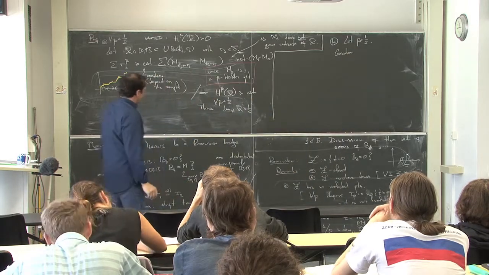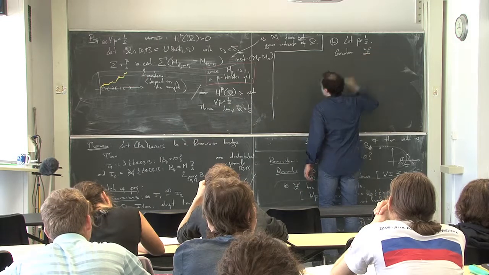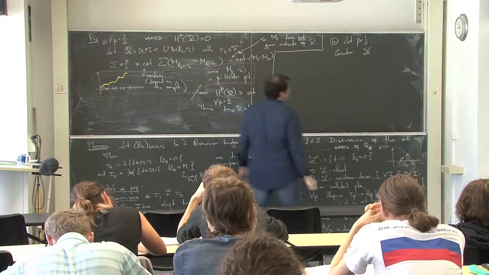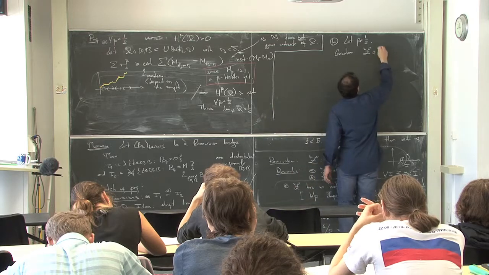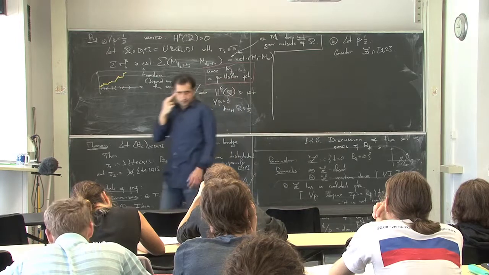Let us think about some portion of the zero set, say between 1 and 2.